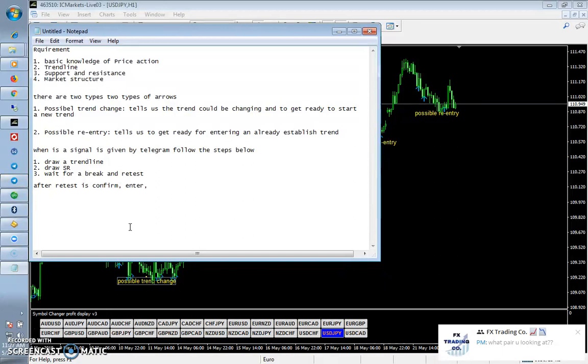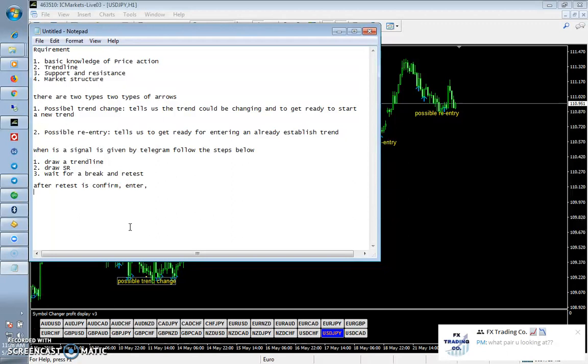Now, you need a basic knowledge of price action, trend line, support, resistance, market structure. I'm not going to teach this. Assume you already know about this and other basic price action knowledge.